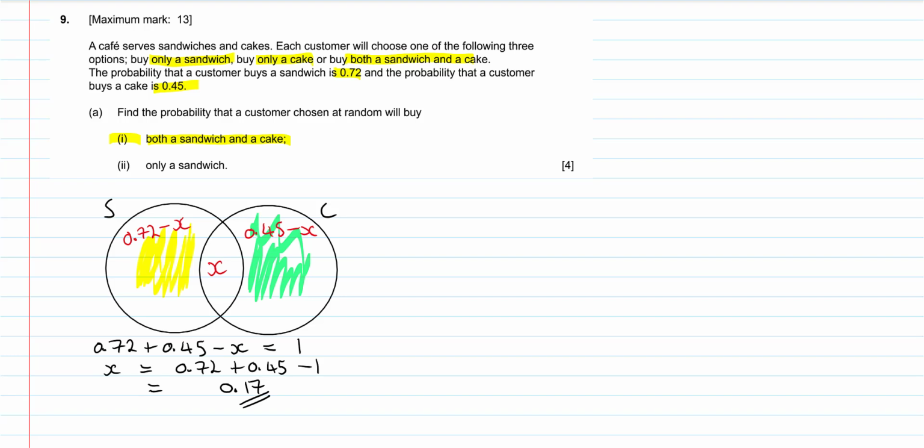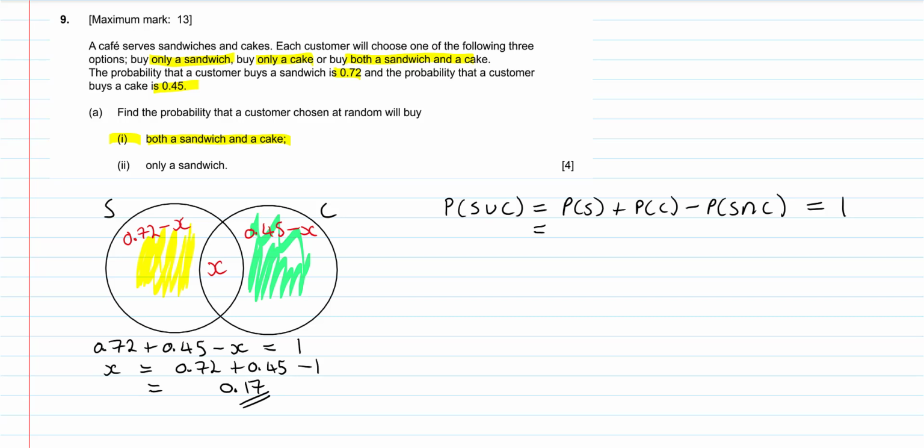So that's one way of thinking about it. Another way is to write it out like this. We're looking for the probability of S union C, and that is equal to the probability of S plus the probability of C minus the probability of S intersect C, and that is going to equal 1.